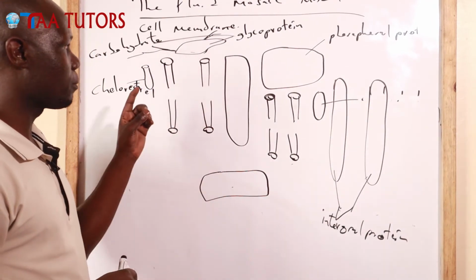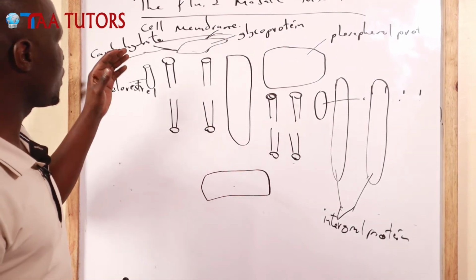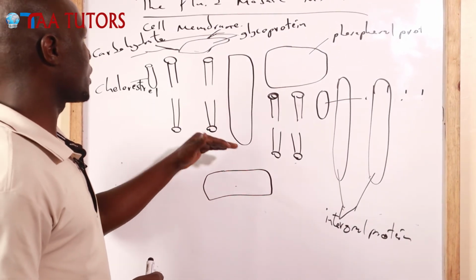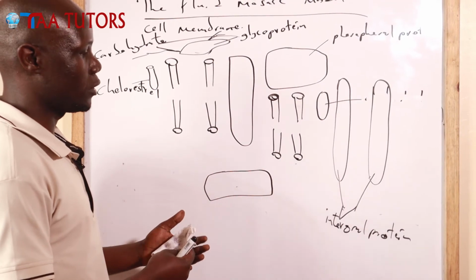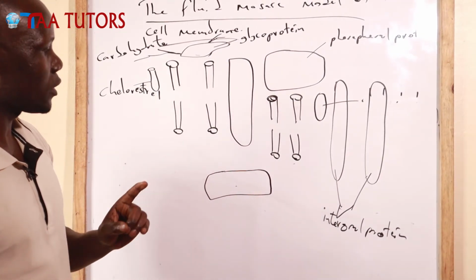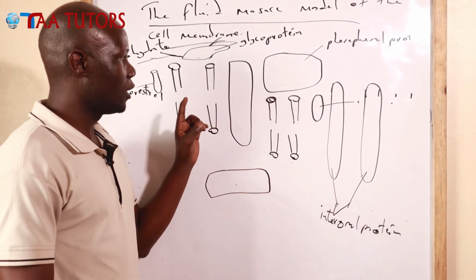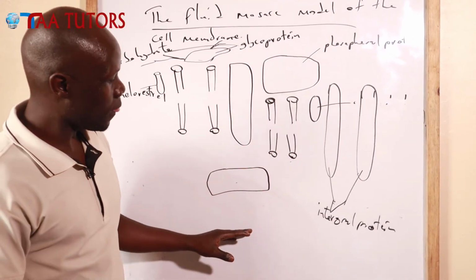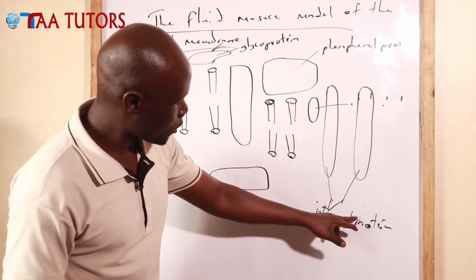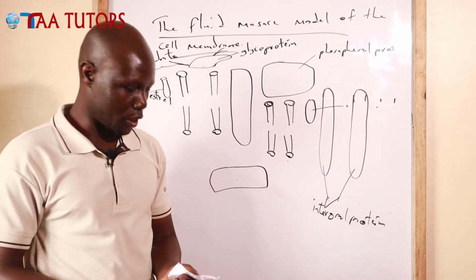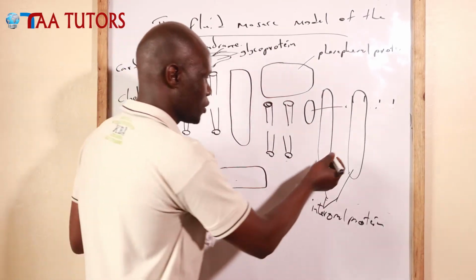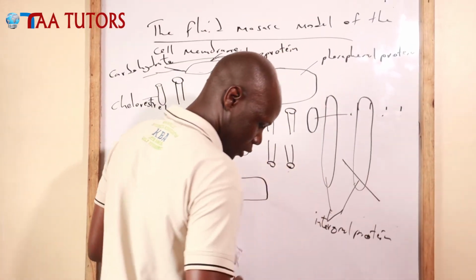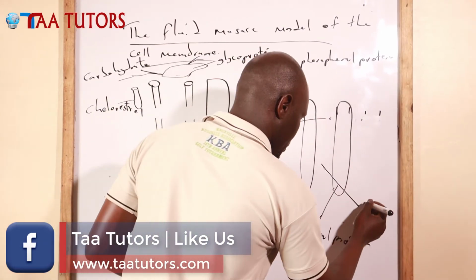So these molecules will pass. But the passing here is restricted by every element, and there are some that are allowed to come in. The integral protein, in between it is forming for us a channel. So this gap here that remains, we can call it a pore.